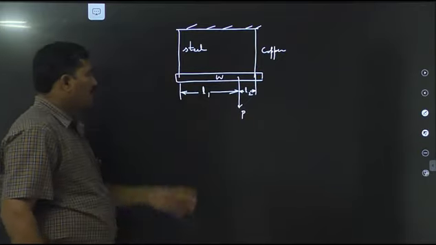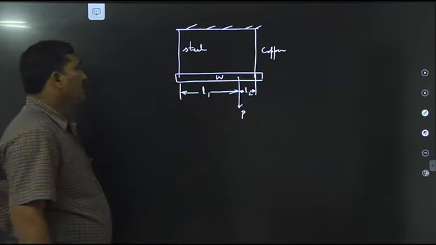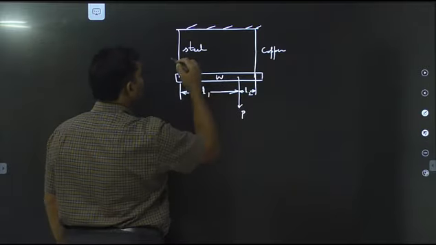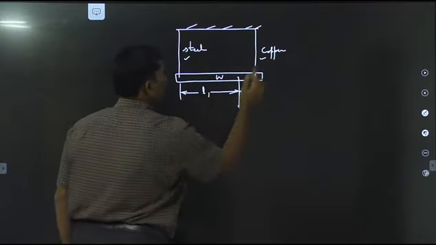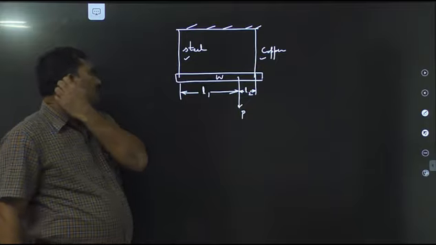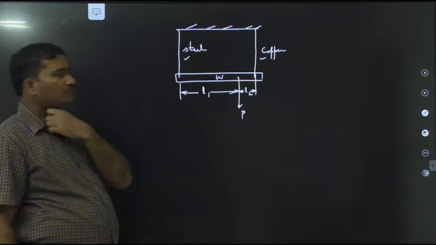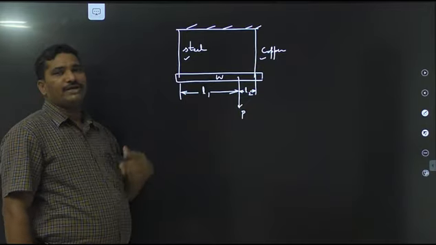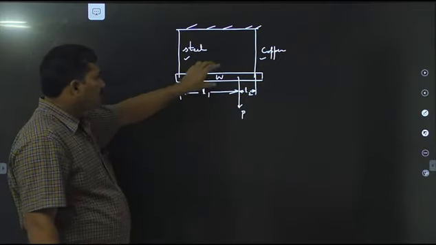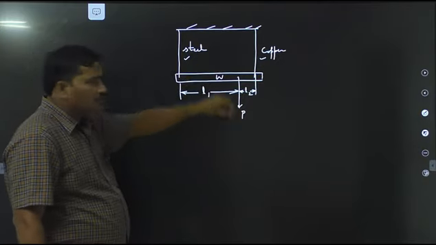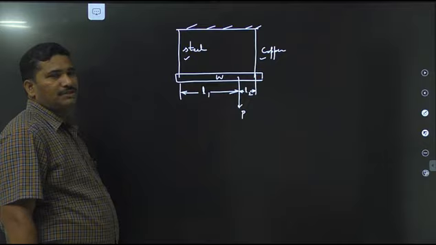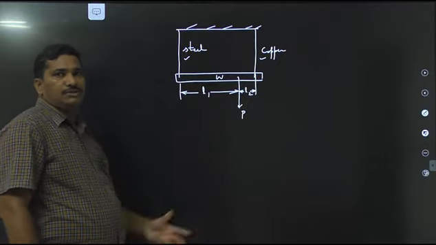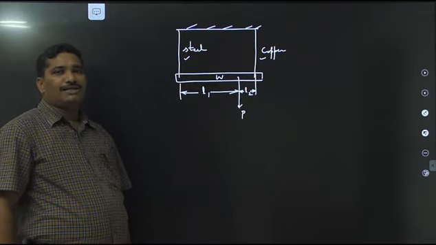Understand carefully. There is a bar of weight W which is suspended from a fixed support by two wires. Both wires are made of different materials. W is the weight of the bar, and this bar is also subjected to another force P. Then how will the boundary conditions appear?